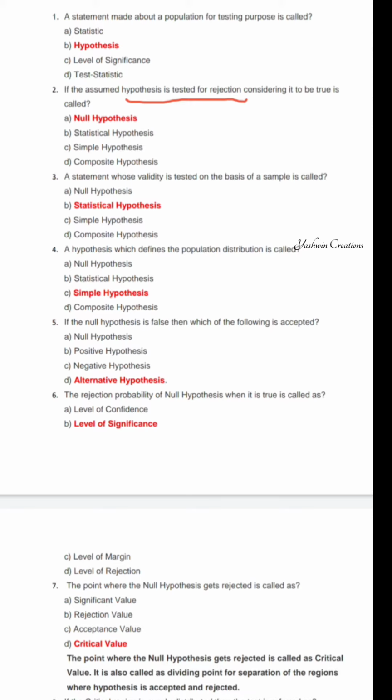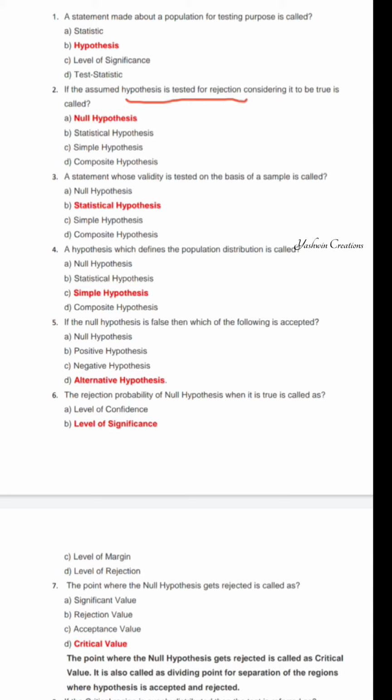A statement whose validity is tested. So once again I repeat, a statement whose validity, the word validity you remember, is tested on the basis of a sample is called statistical hypothesis. The answer is statistical hypothesis.